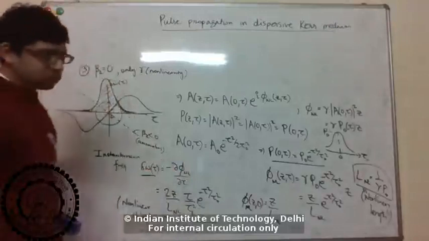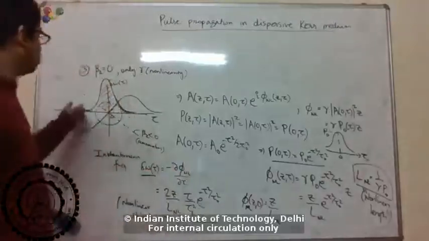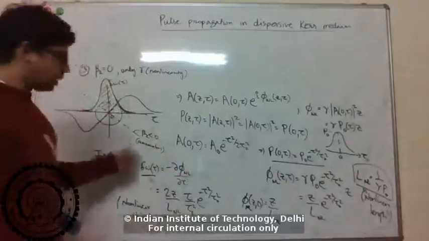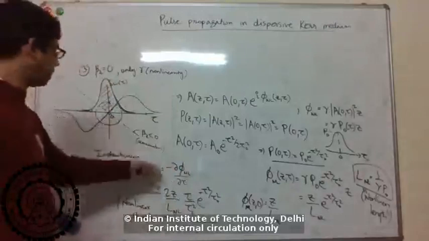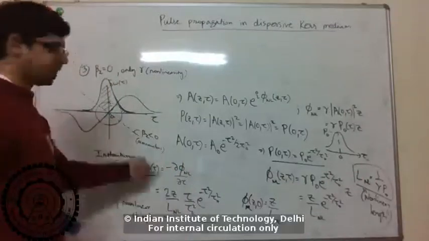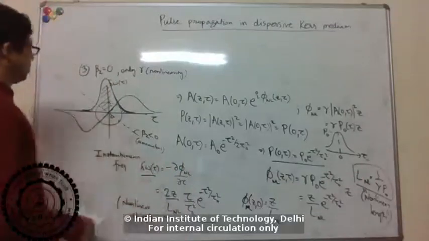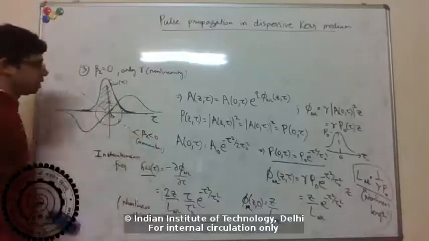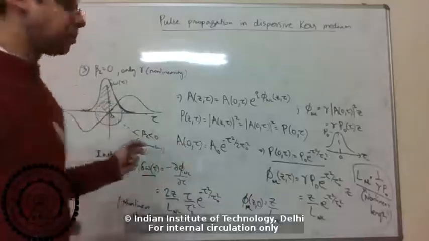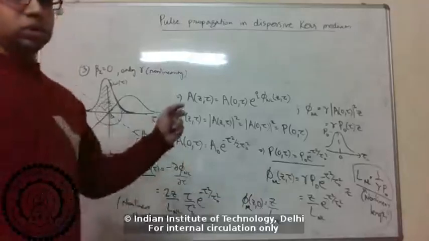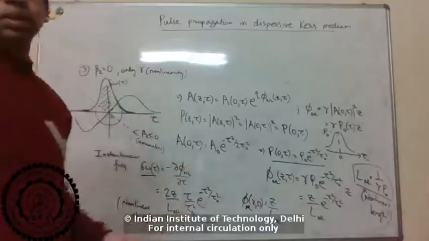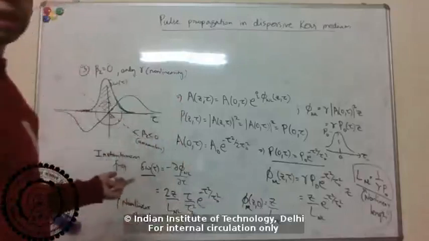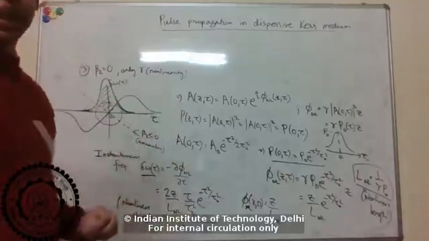So you're right that this is not an exact cancellation. At least for Gaussian, we took a Gaussian pulse shape, right? And for that, we can see that it's not an exact cancellation, right? If anything, in the middle it is getting cancelled, but just to give you an idea, we'll see later for a different kind of pulse shape, specifically secant hyperbolic, you can get this cancellation to be exact, right?